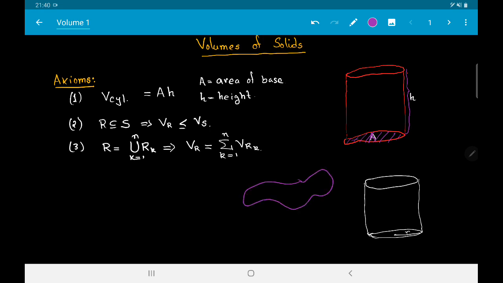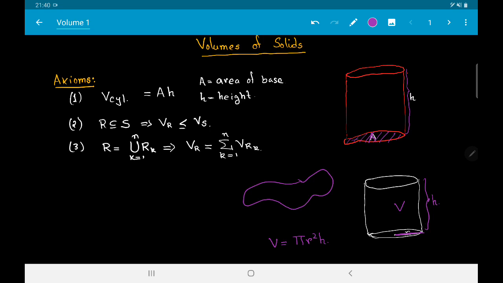But in the case of a right circular cylinder, the base is a circular region, a disc to be precise. Suppose that we have a circular region with radius r, and the height of the cylinder is h. We were always told in school, without any proof, that the volume of this right circular cylinder is given by pi r squared h.